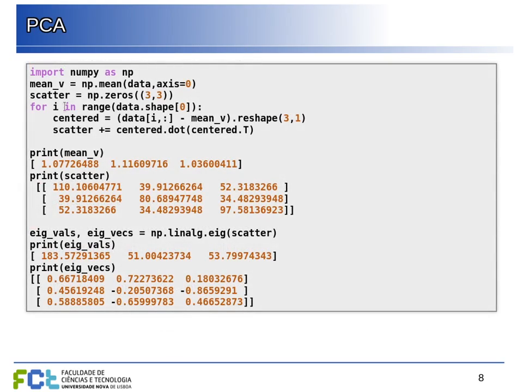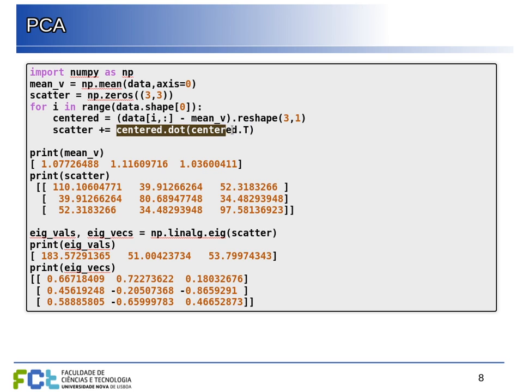And now we can compute for each point the vector between the mean and that particular point. We reshape it to a column vector, so that now we can compute the dot product of that column vector and the transpose of that vector that you can obtain with this capital T attribute here, which will be the same vector but as a row instead of a column.